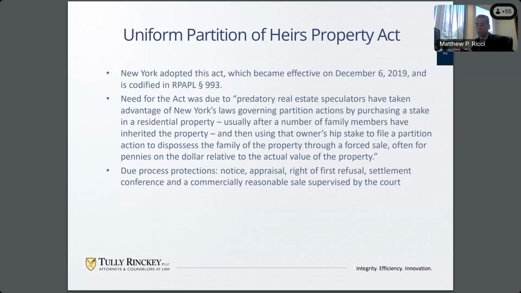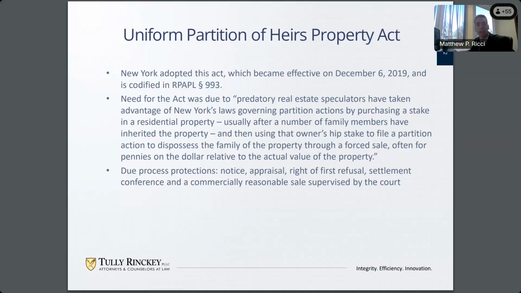Obviously, this also causes issues, especially in situations where there really is no dispute about the real property, right? A parent passes away and leaves their farmland to three siblings. Those siblings may all want to retain possession of the farmland and are not in dispute about it, either for sentimental reasons or business reasons, whatever.